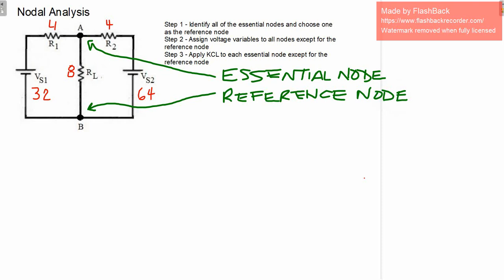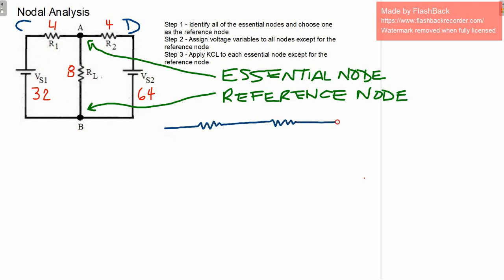So first thing you have to do, identify essential nodes or node, and then assign a reference node. We're going to put in some other nodes here just to refer to them. We'll have node C and node D as well, because you're going to see how this method works.